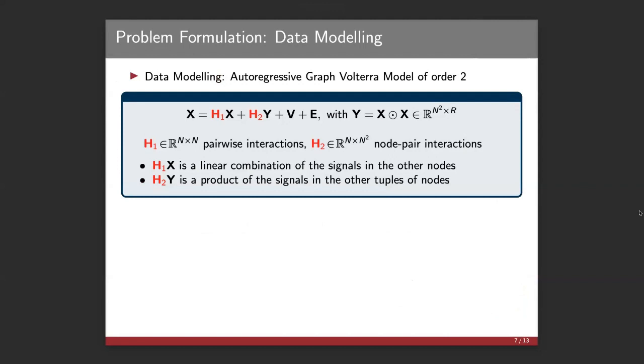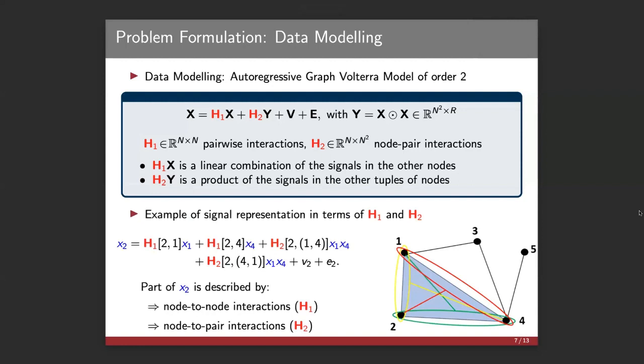And this term says that part of our signal can also be expressed as a nonlinear combination. In this case, we use products of signals to express the combination of tuples of nodes. To make this part clearer, I have an example which may help.